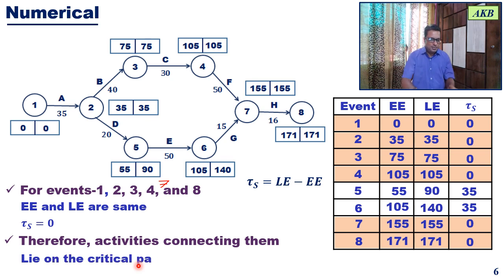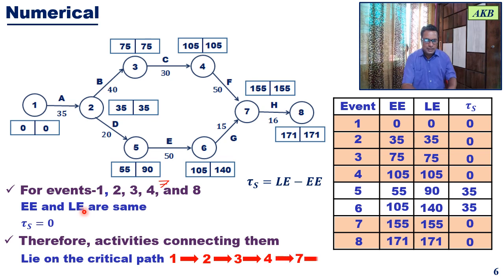the critical path. So for this diagram, the critical path will be from event 1 to event 2 to event 3 to event 4 to event 7 and finally to event 8.